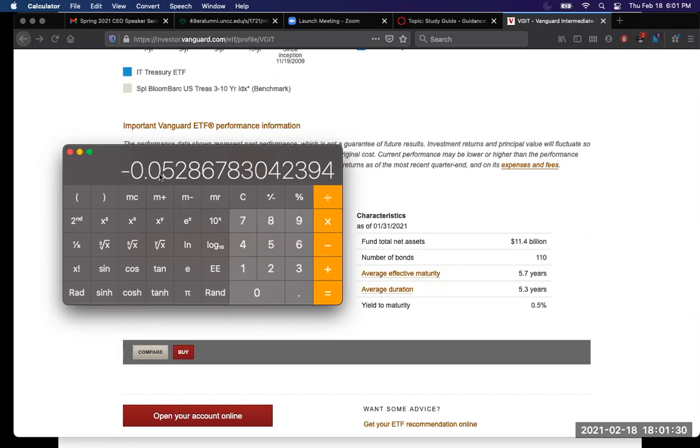My market value would fall. Since they put average duration as 5.3 years, that's another indication that they are using Macaulay duration, because modified duration would more likely have a percent sign next to it.